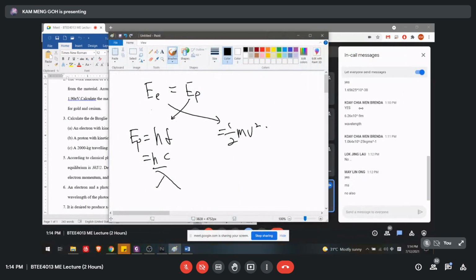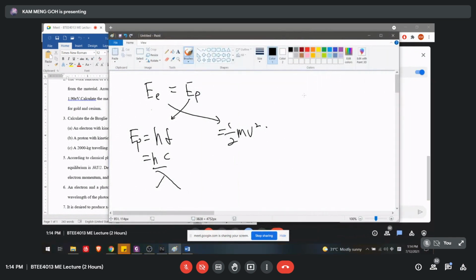Then you need to get the de Broglie wavelength. We know that mv equals h over lambda, then v equals h over m lambda. So this one is half m times h over m lambda, squared.